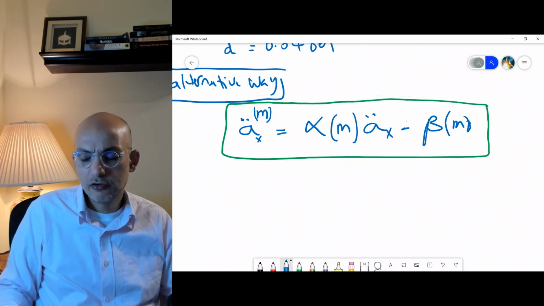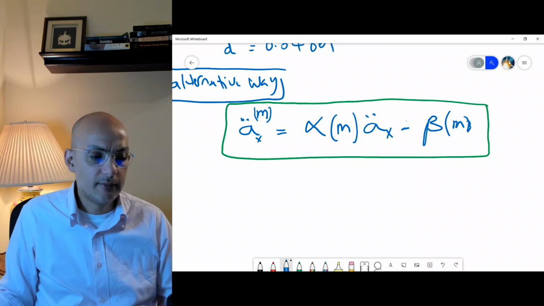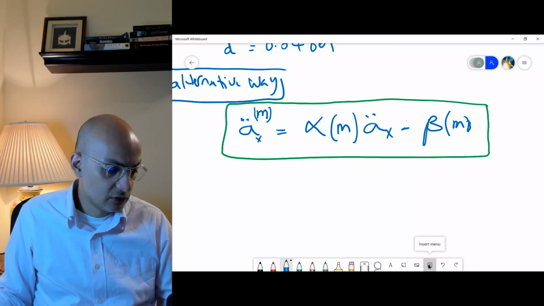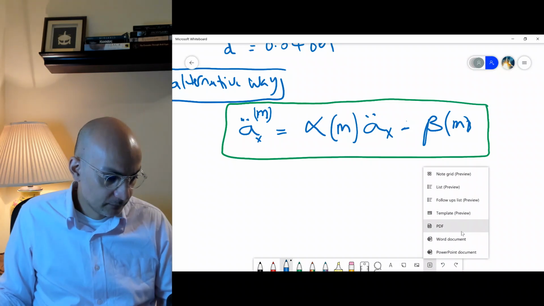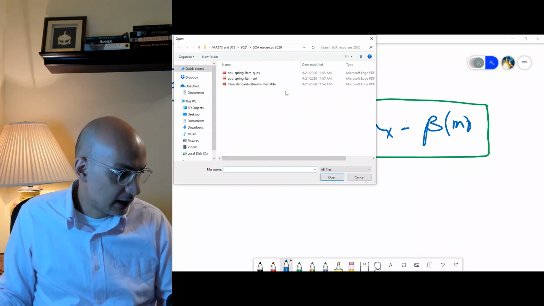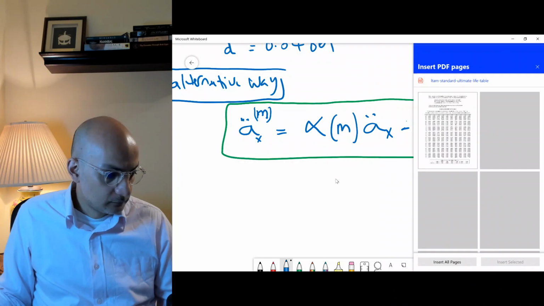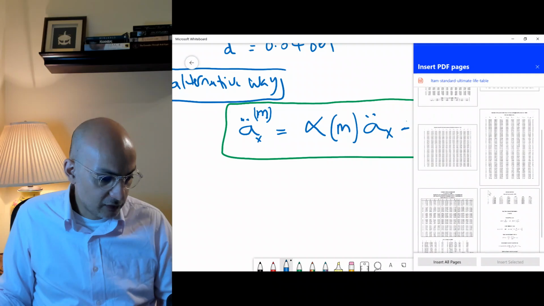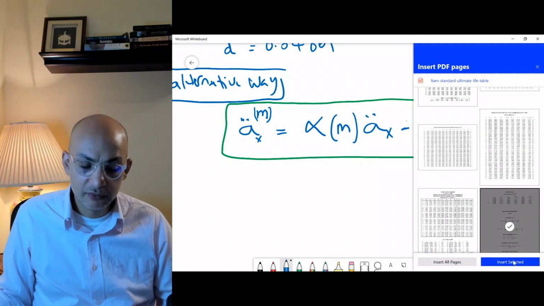There is a way to calculate them, but I don't want you to calculate them. I want you to show them in the life table also. If you go back to the life table, let me download it again. This is what you have from the Society of Actuaries.